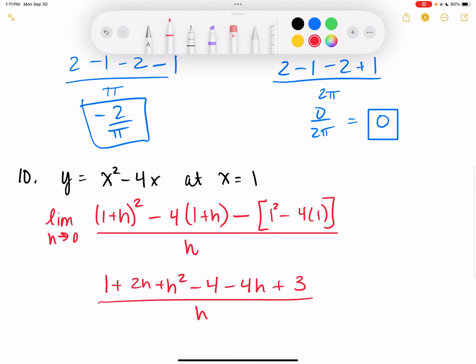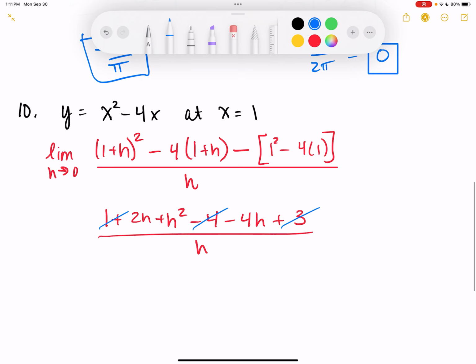Now, these tend to work out nicely to where things will cancel out. That's what we're hoping for. So 1 and 3 will cancel with the negative 4. And then from there, I'm going to have 2h, nope, I lied, h squared minus 2h over h.